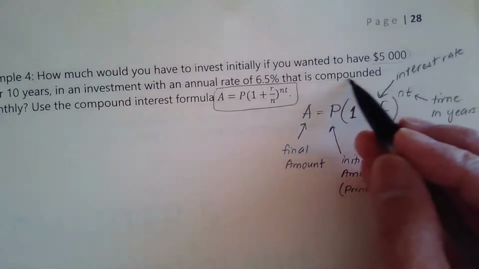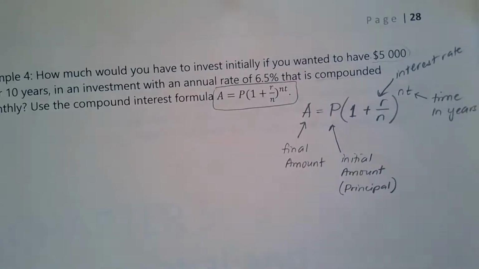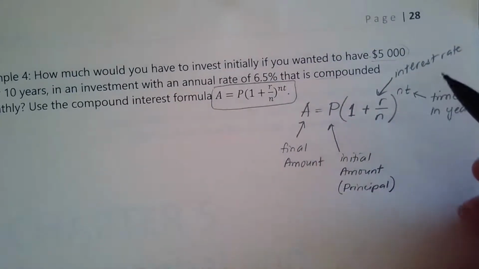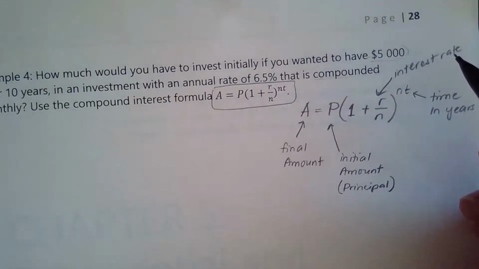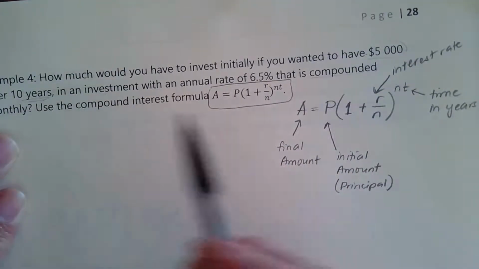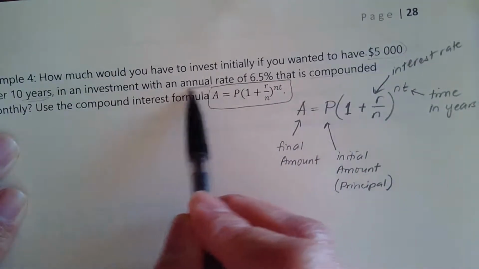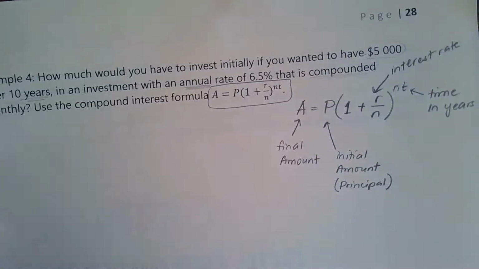So that's what it means by compounded. It gets added on. And if you take a look at this one in here, we have two different kinds of measure of time.